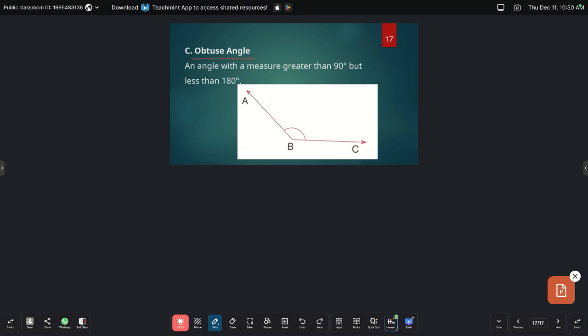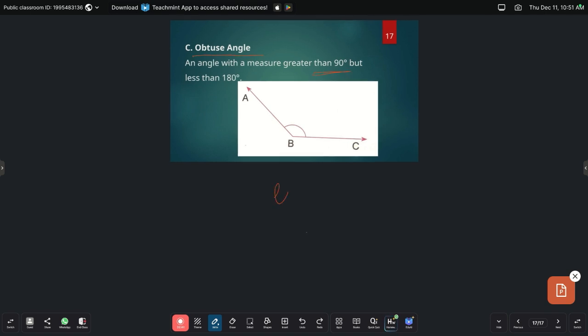Shabash. Moving to the next, the obtuse angle. An angle with a measure greater than 90 but less than 180. Again, it's greater than 90, that means not 90. Greater than 90 but less than 180 degrees.